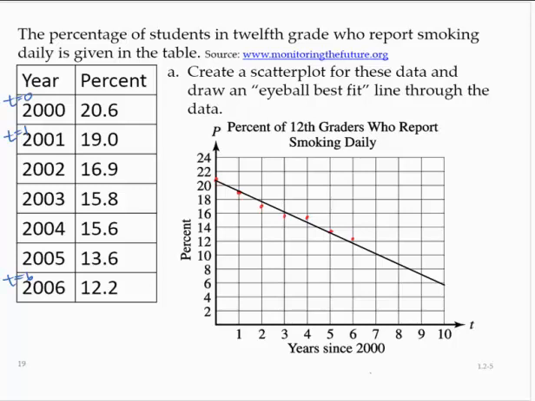Notice how I sort of have half the points below the line and half the points above the line. It doesn't necessarily go through any of the points though. And again, your answer might vary a little bit from that, but it should be reasonably close to the one I've drawn.